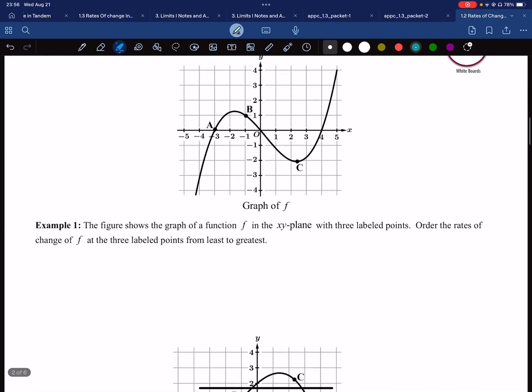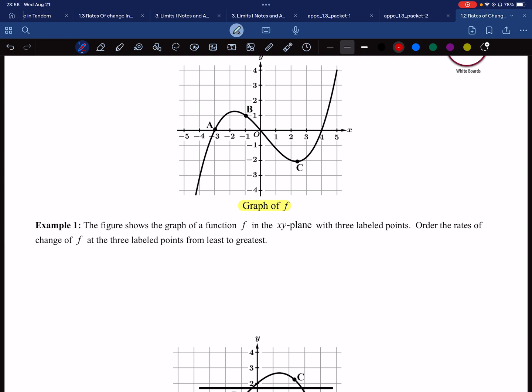On our first example, the figure shows the graph of the function f in the xy plane with three labeled points. Order the rates of change of the three labeled points from least to greatest. First thing we need to pay attention to is that it told us the name of our graph is f. We have 3 points, and we want to talk about the rates of change at each point.